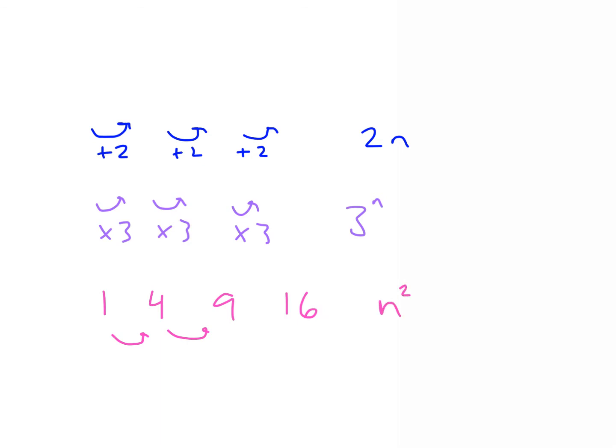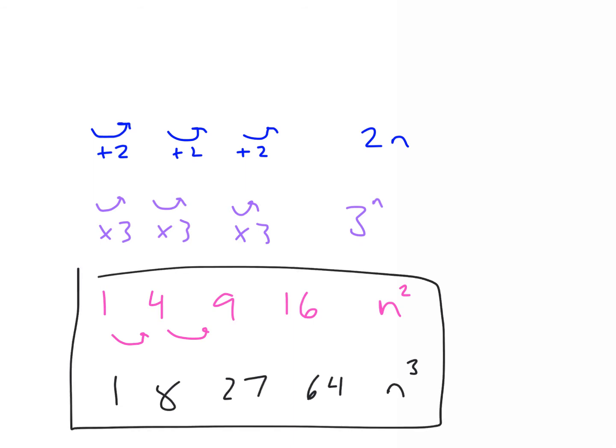If we had perfect cubes, we'd have 1, 8, 27, 4 cubed would be 64, so this would be n cubed. So just keep an eye out for these common ones, especially these two, because they're not going to be arithmetic or geometric, but we can still come up with a rule for them.